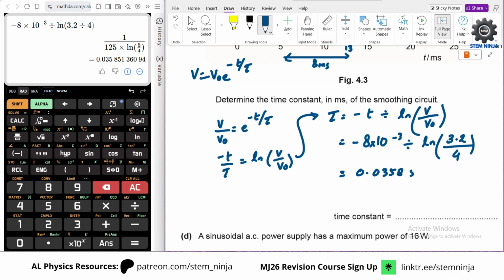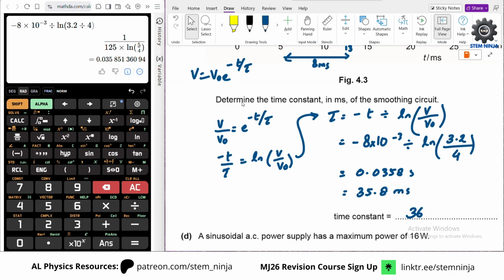So it would be 35.8 milliseconds. So 36 milliseconds. Right, okay.